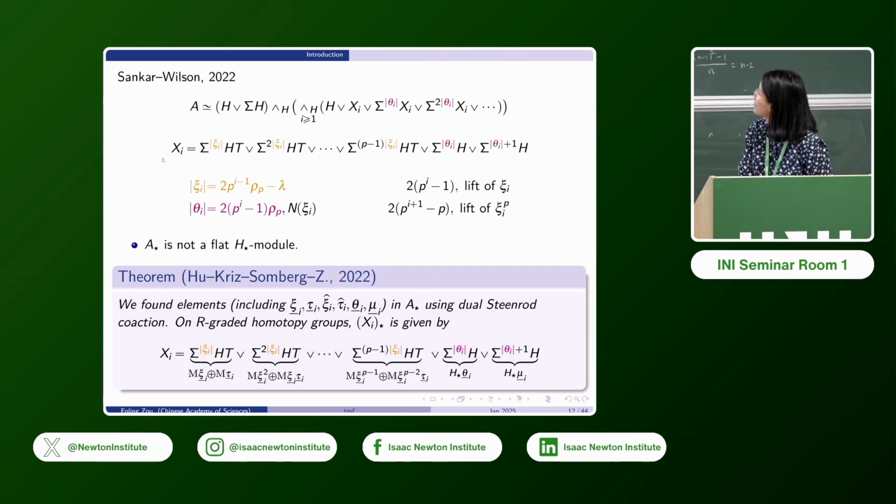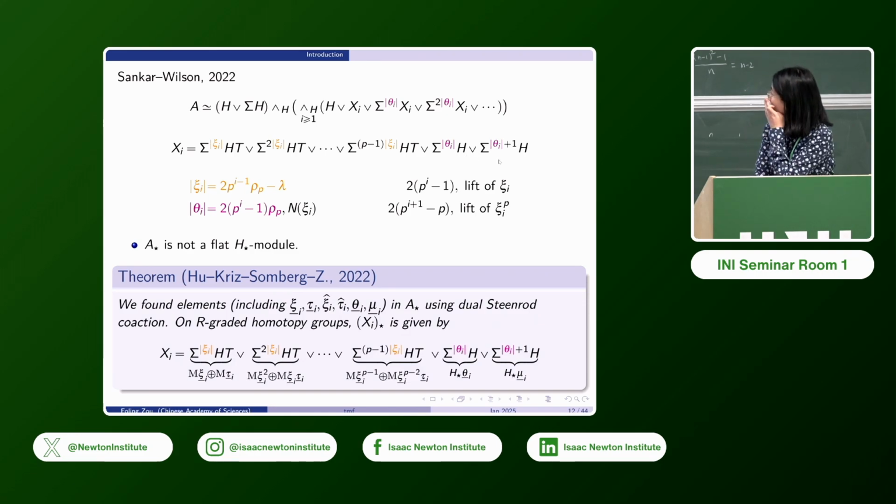In a paper by Sankar-Wilson, they proved that the dual Steenrod algebra for C_p equivariantly is a spectrum like this. So you have the Bockstein, and then you have a smash over H for i greater or equal to 1 of a big chunk of spectrum, and the big chunk has a polynomial generator here, and then this xi is a wedge of HTs together with some element.